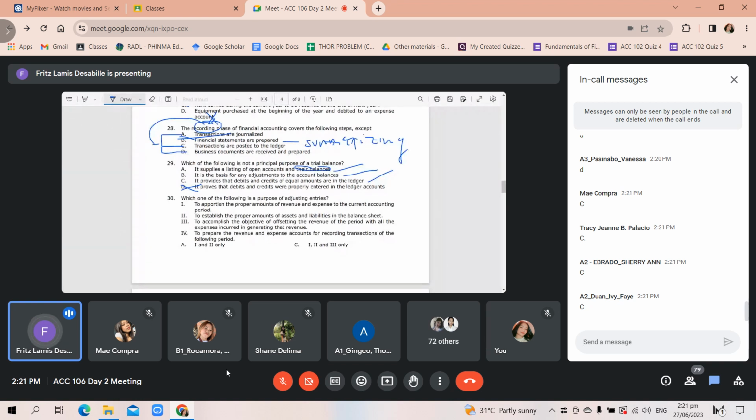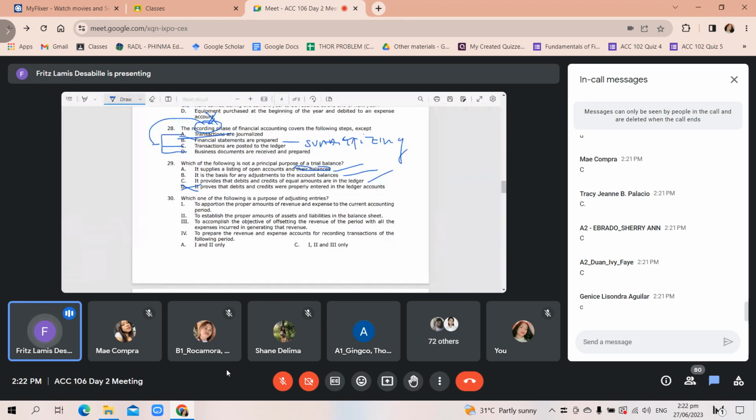So we use adjusting entries to apportion the revenue and expense portion with the asset or the liability portion. Ato siyang gitunga into expense or asset, or expense and liability.